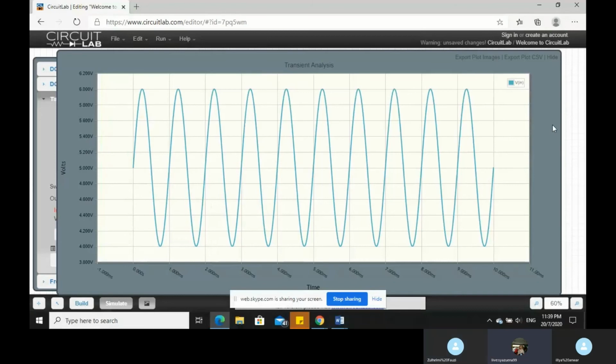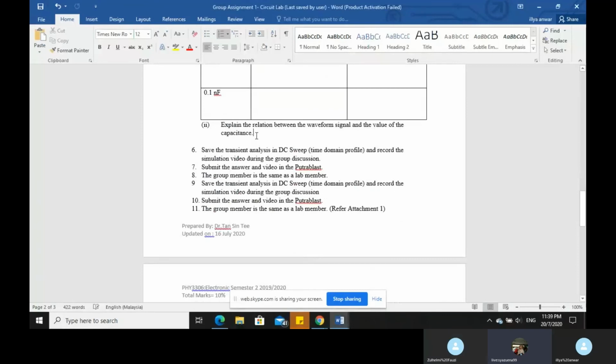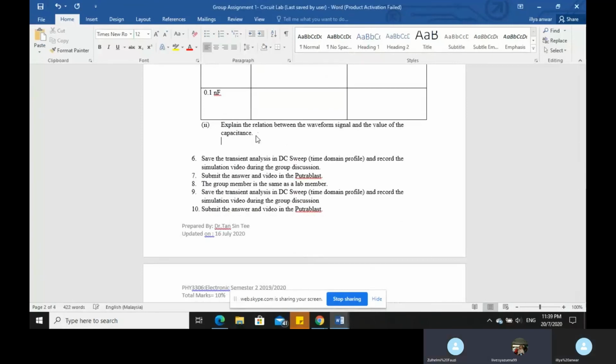And now we look at the next question, which is to explain the relation between the waveform signal and the value of the capacitance. Based on this question, I can explain using the formula of charge, which is Q equals CV.